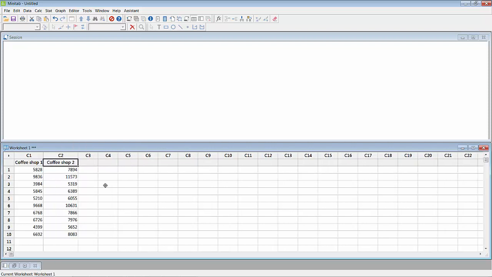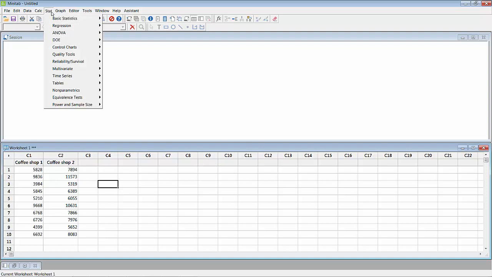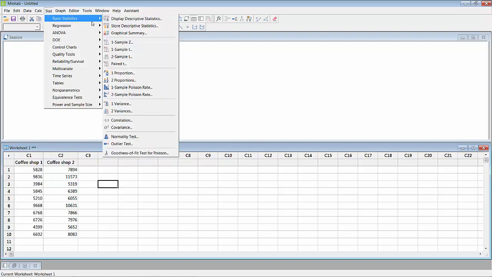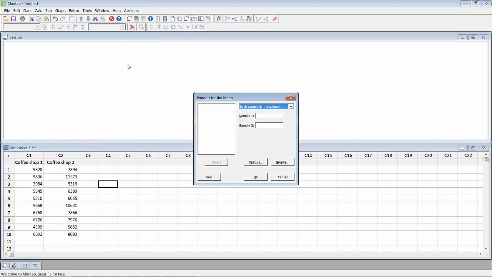To solve a pair difference, we will go to Stat, then Basic Statistics, then Paired t. Each sample is in a column, so we have each sample in a column.